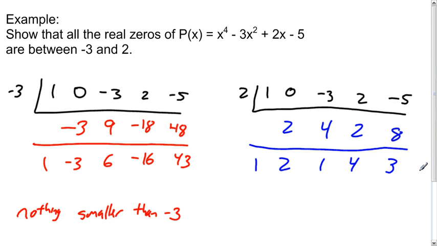They're all positive all the way through, so there's no roots larger than 2. And that's all that they wanted to show. Nothing smaller than -3, nothing larger than 2.